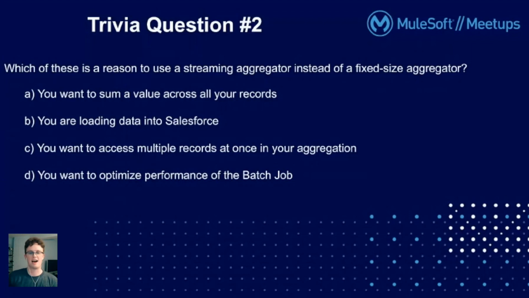But you're entirely losing the benefit of batch in that case. So if you want to sum a value across all your records, you'd use a streaming aggregator. With a fixed size aggregator, you could sum a value across, say, 100 records that it picked up, but you wouldn't be able to combine that with all the other records that are passing through the batch job.